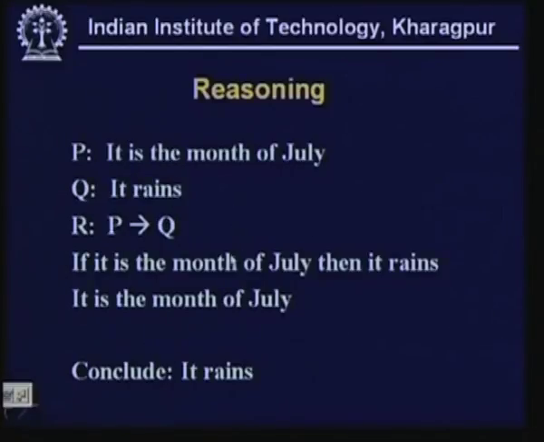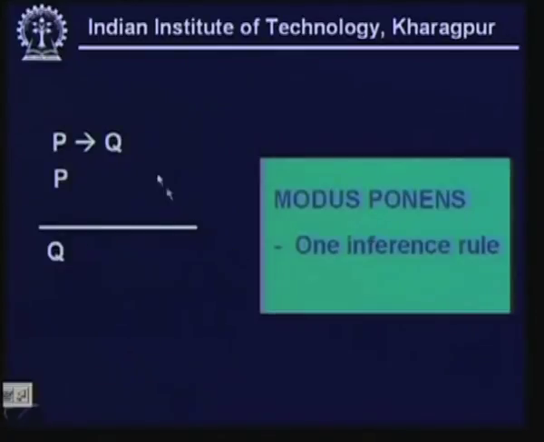Now how do we do it? What was the mechanism that went behind this? We can write this in this form. Say P implies Q, this is a true proposition. If it is the month of July, then it rains. And it is also told it is the month of July.